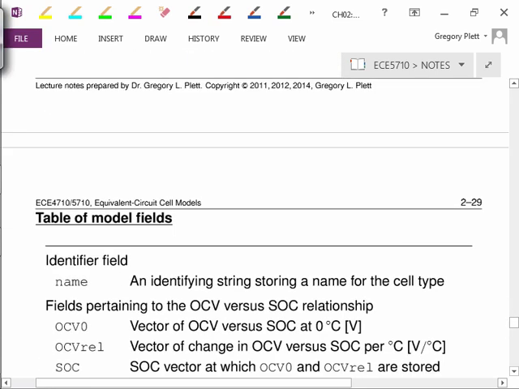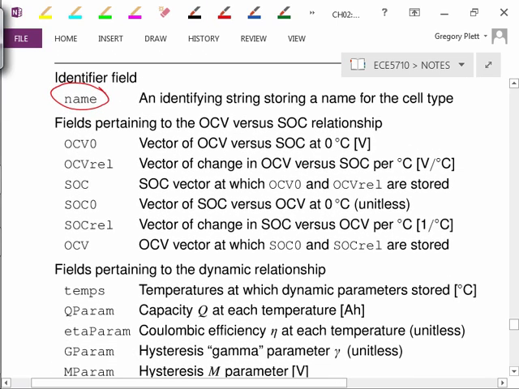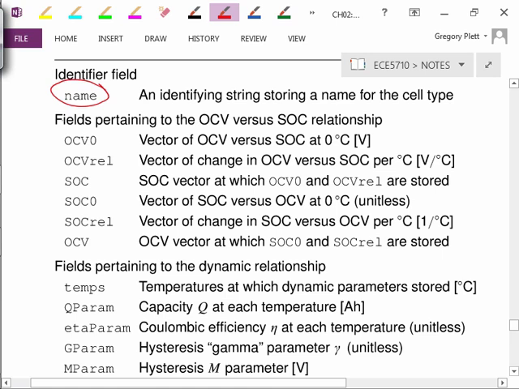there's a table on this page that has all of the variables that are stored in the ESC model data file. So there's a name parameter that says what the cell type is. There are fields describing open circuit voltage. So these three together describe the OCV versus SOC. These three describe SOC versus OCV.